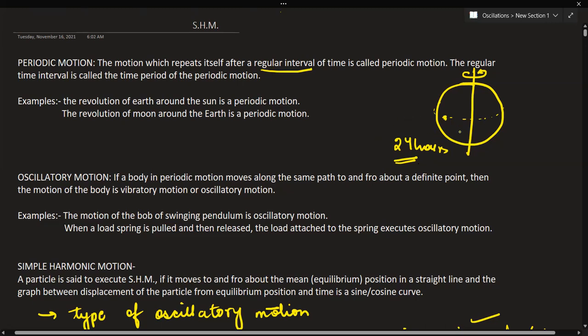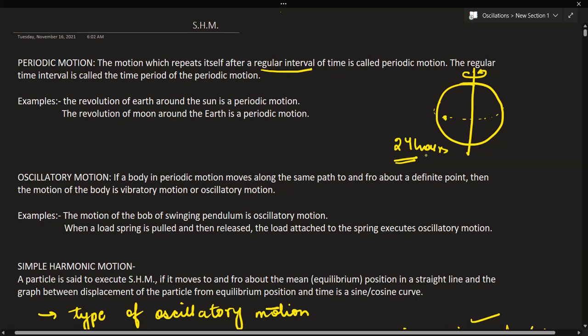So this rotation of Earth is after a regular interval of time. What is that regular interval? That is 24 hours. The Earth comes back to its original point of initiation after 24 hours. These kinds of motions are known as periodic motion, where there is a fixed regular time interval and the motion keeps on repeating itself. The Earth completes its rotation again, so that's why we say this motion is periodic.